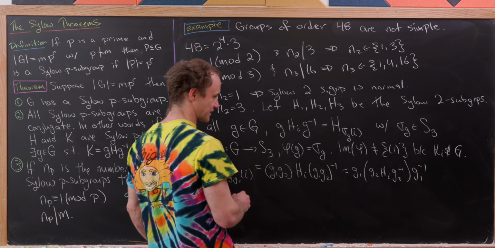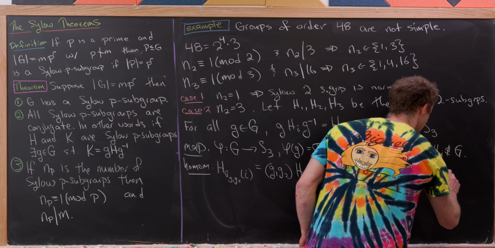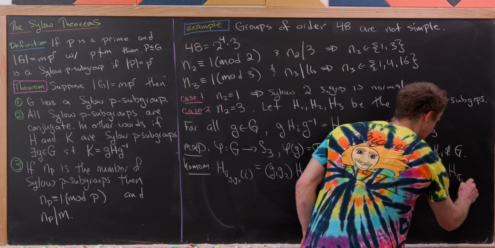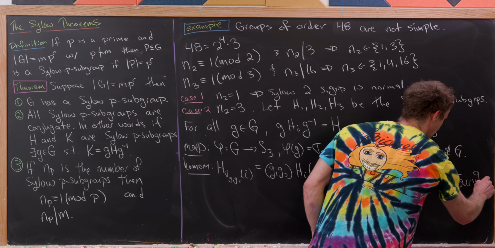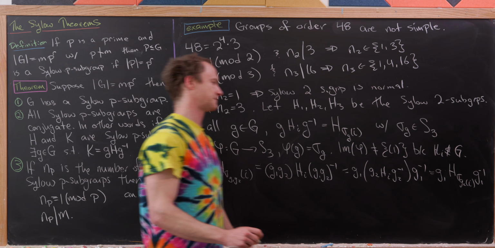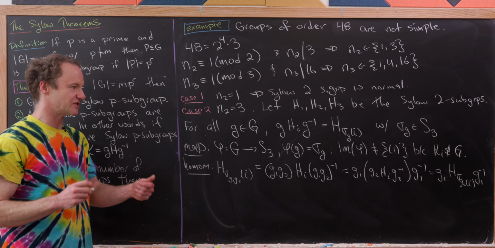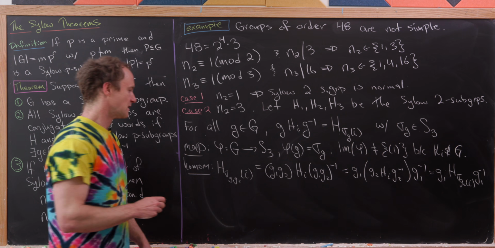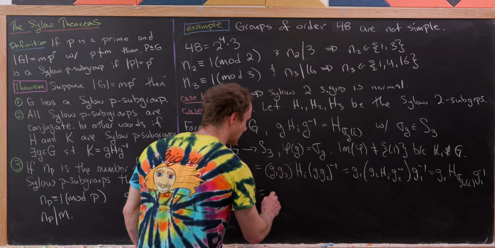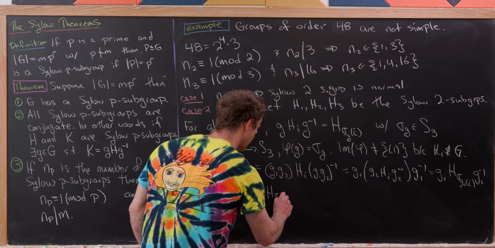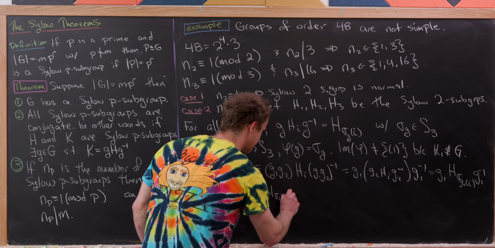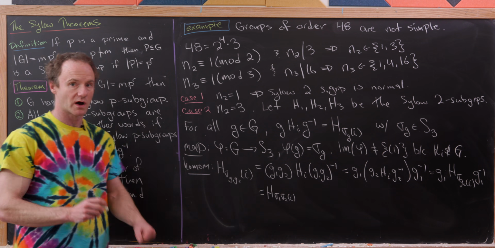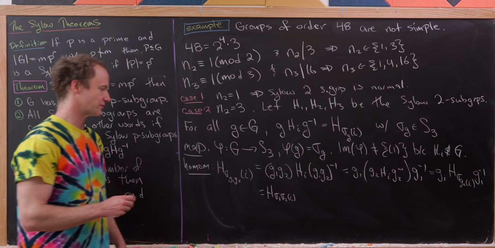But now let's observe that that is equal to g1 h sub sigma of g2 evaluated at I, and then g1 inverse. And that's just by the fact that g2 will conjugate via that permutation. But then finally, that's going to be equal to h sub sigma g1 composed with sigma g2 evaluated at I. Again, that's because that's how g1 permutes the Sylow 2 subgroups.